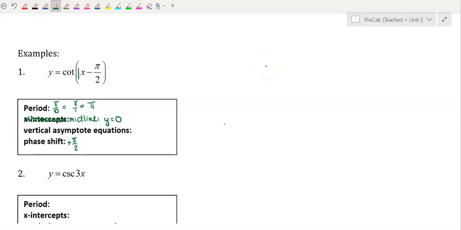All right, so what we're going to do is we're going to go ahead, we're going to draw our x-axis, not exactly straight, but, you know, we'll roll with it. All right, in the center, where I've got right here, that's going to be whatever my phase shift is. So here, this is positive pi over 2. And then I've got to label 4 points to the right and 4 points to the left.